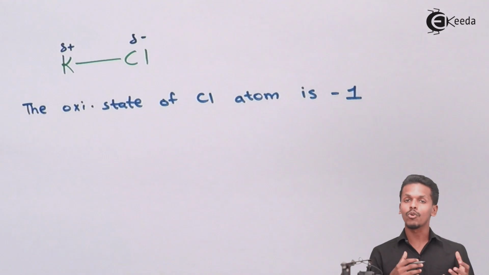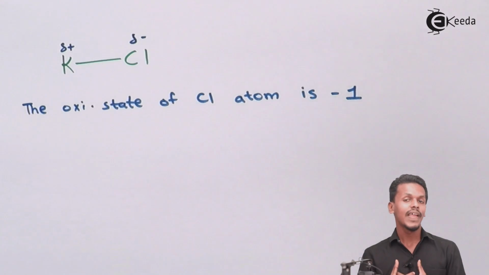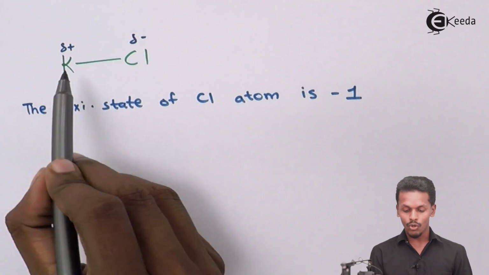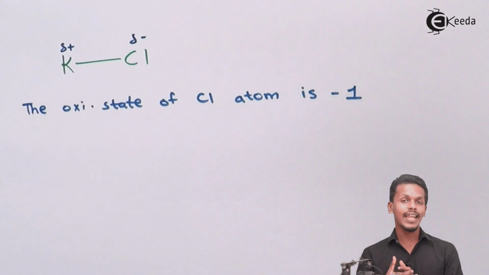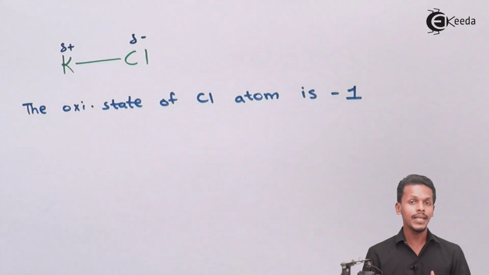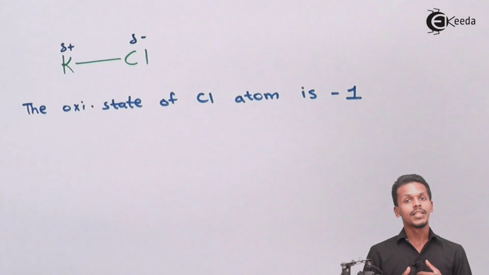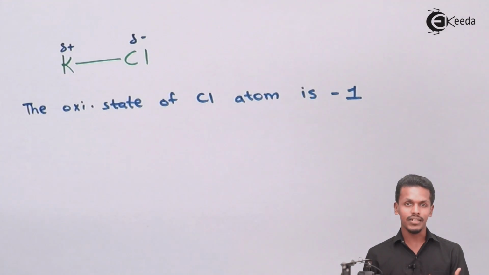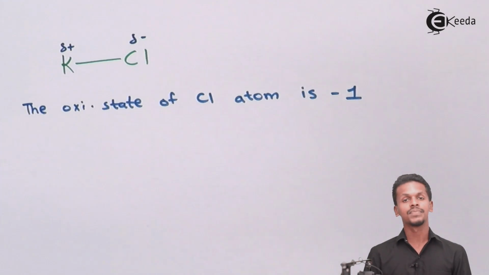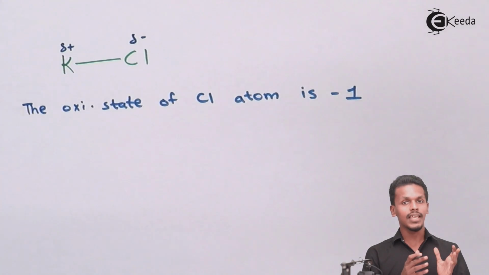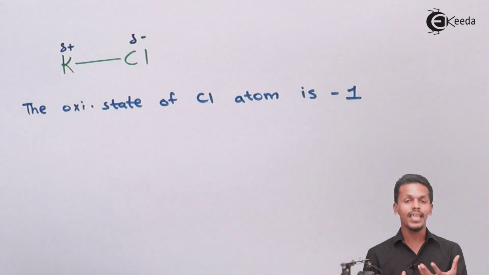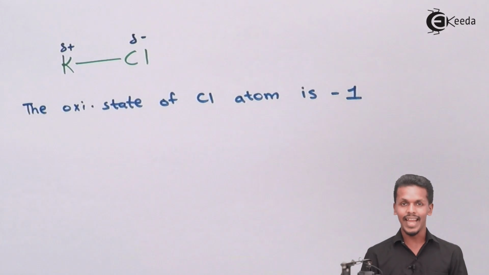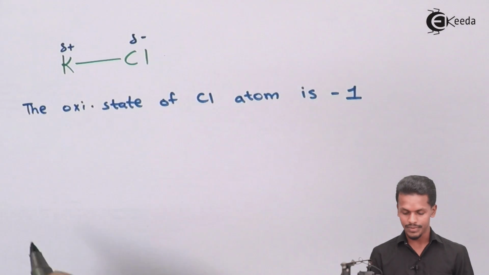So chlorine pulls the electron towards itself in the bond. Chlorine is more electronegative than potassium, which gives potassium a positive charge. This comparison of a positively charged atom and a partially negatively charged atom gives rise to the oxidation state, and hence potassium has the oxidation state of +1.